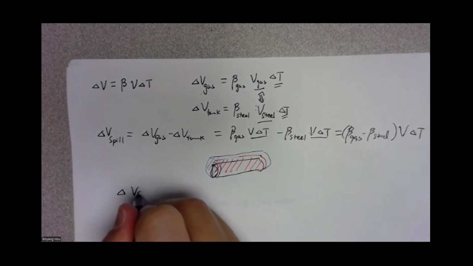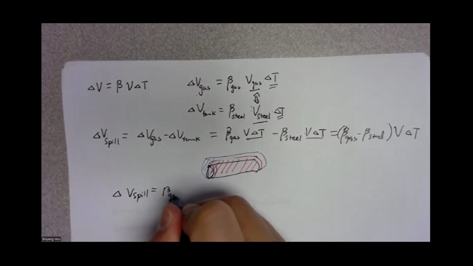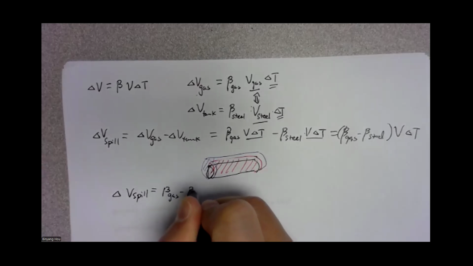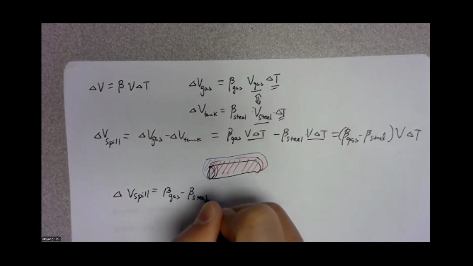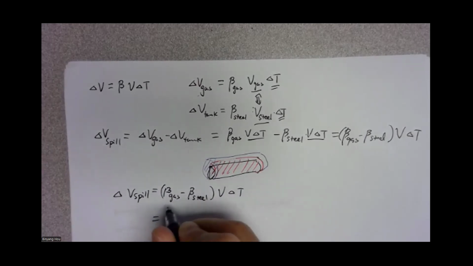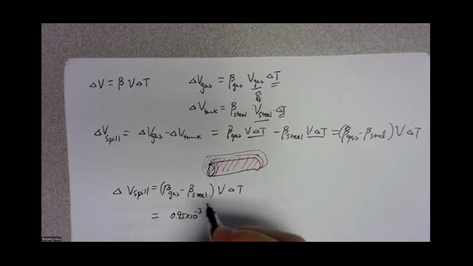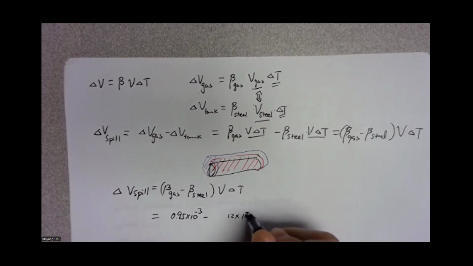So delta V of spill is beta of gas minus beta of steel times V times delta T. So this guy, as given in the problem, is 0.95 times 10 to the minus 3. And this guy still is given as 12 times 10 to the minus 6.